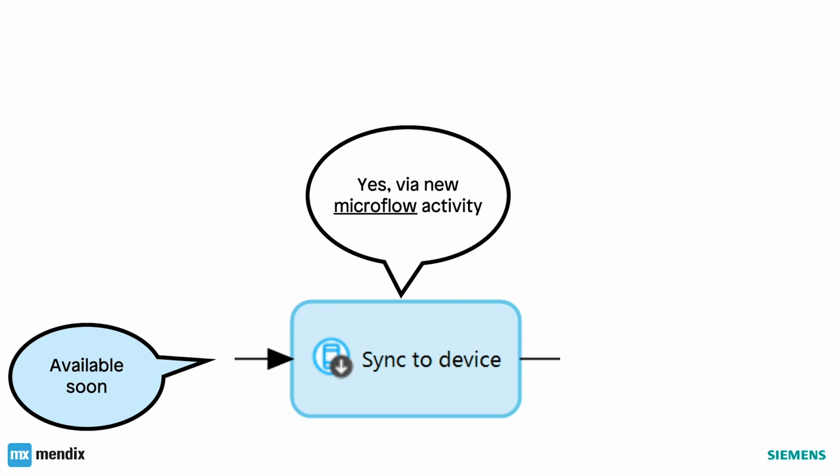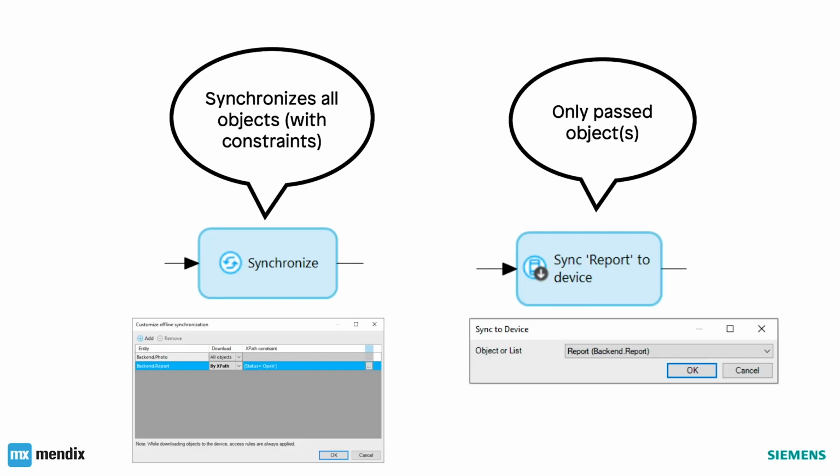And this is available soon, and I will now show you how that will work. First, a bit of background. So there are two ways of synchronizing. One with the synchronize option, which synchronizes all the objects with the constraints, based on all the objects you use inside your pages and your logic. Next to that, we have the sync to device option, which only synchronizes the passed objects.